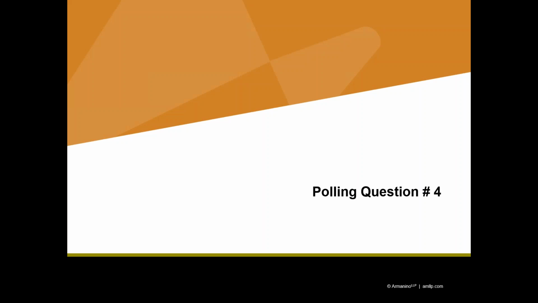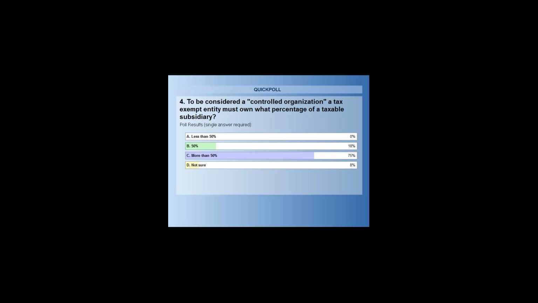And we'll close this one pretty quickly, so please get your answers in. We'll close the polls here in 3, 2, and 1. And it looks like 75% said more than 50%, which is great. That's terrific.